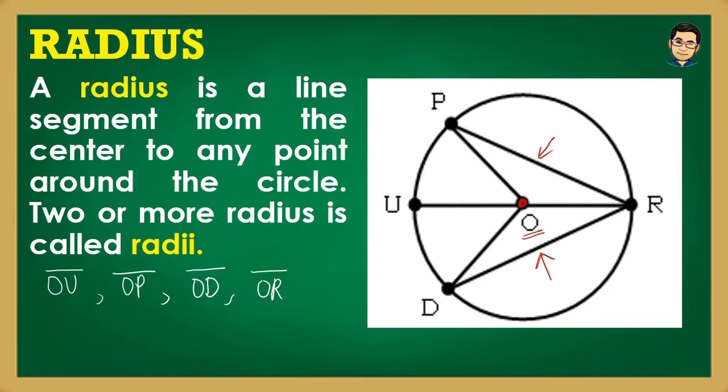It's because yung endpoints ng given na yan, yung nakikita nyong guhit na yan, wala po dyan yung isang endpoint niya nasa center. Dapat po yung isang endpoint nasa center. So yung OU, OP, OD, OR are radii of the given circle O.